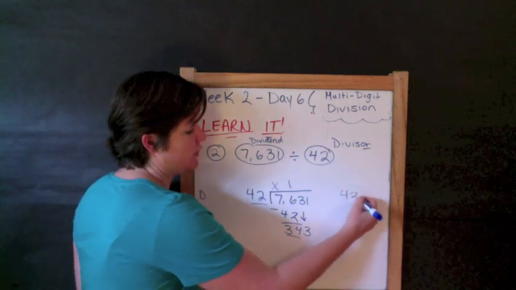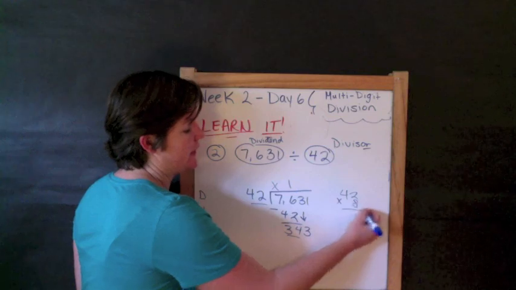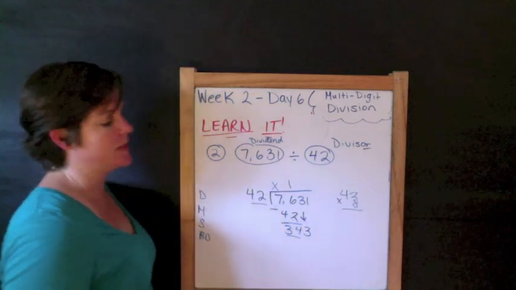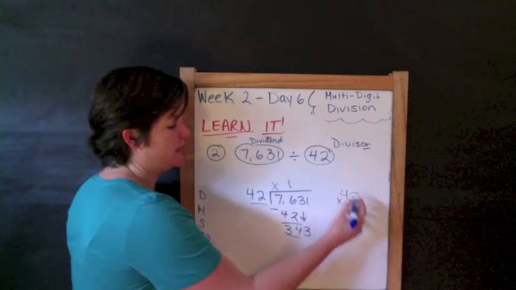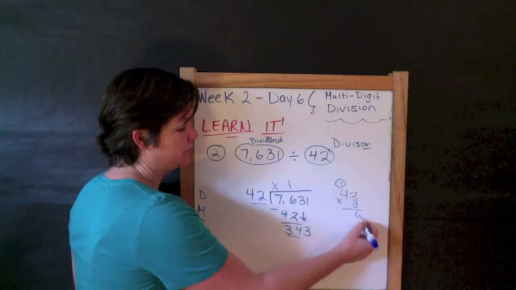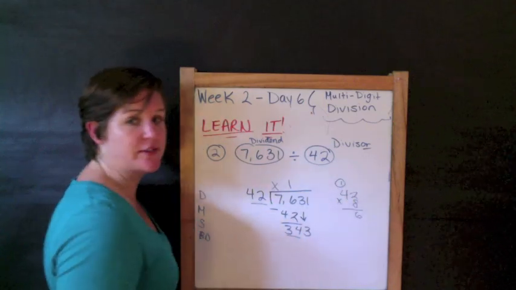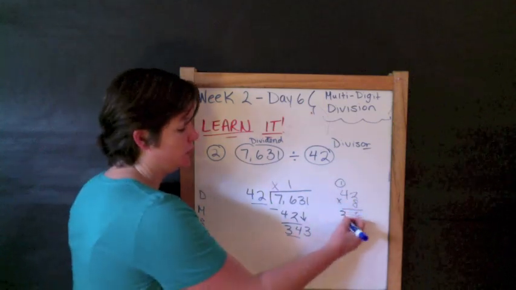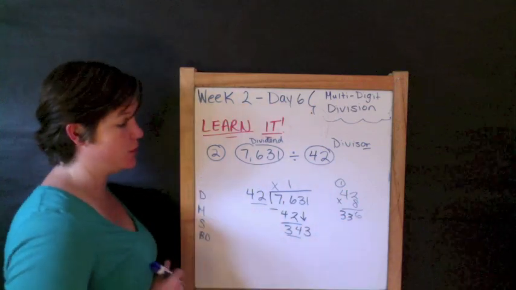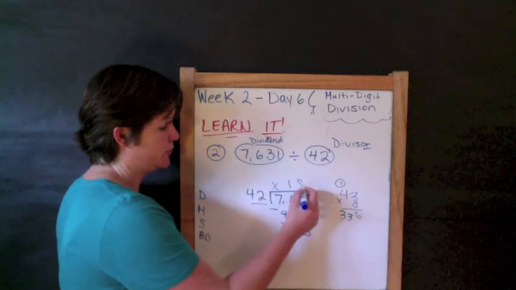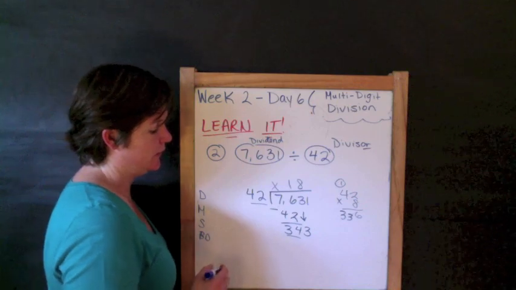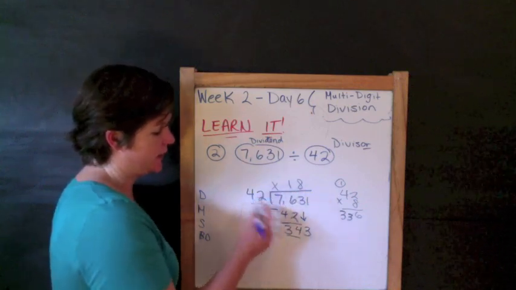So let me try 42 times 8. 2 times 8 is 16. 8 times 4 is 32 plus 1, which is 336. That's as close as we are going to get there. So put my 8 right there above the 3.